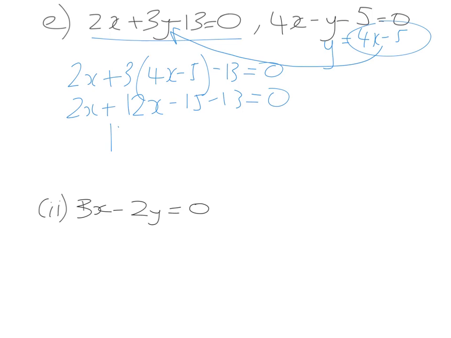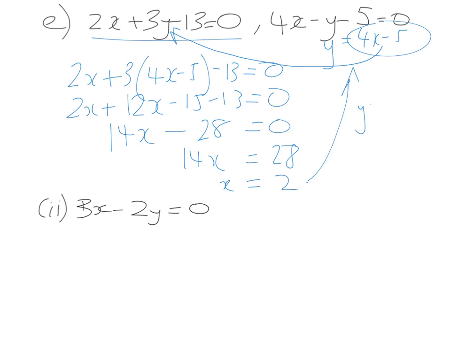Collect like terms. So x equals 2. Sub this back into this equation. So y is 4 2's minus 5. 8 minus 5 is 3. So the point of intersection is 2, 3.